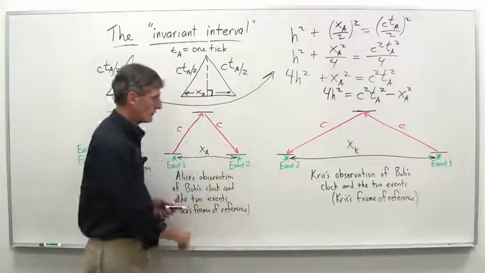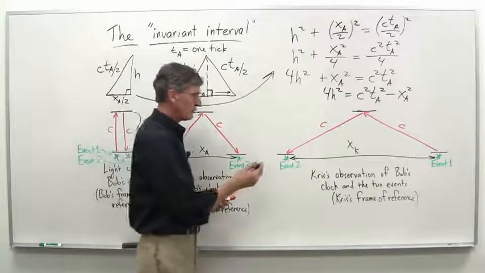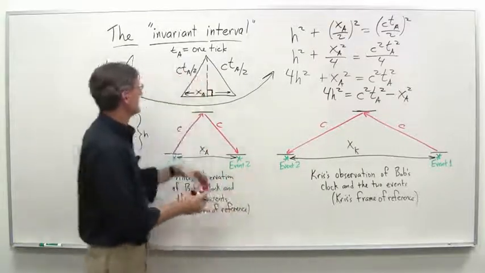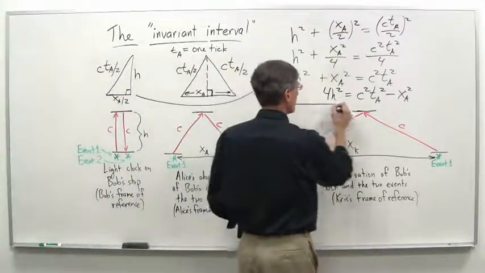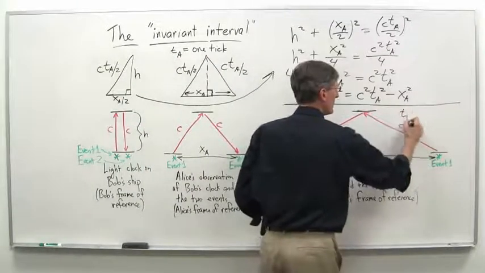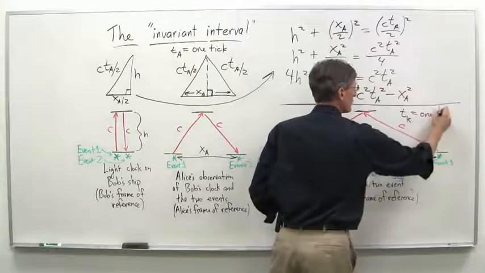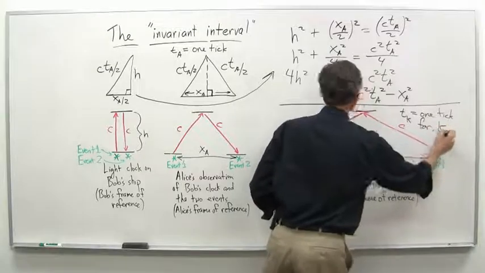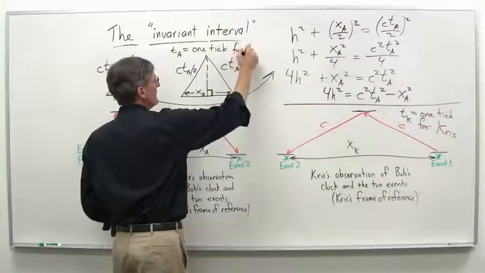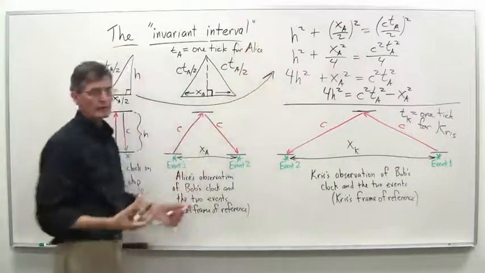We'll just do it on the triangle here. We will assume that t sub k equals 1 tick for Chris, just as t sub a was 1 tick for Alice. Again, they're all observing Bob's clock.